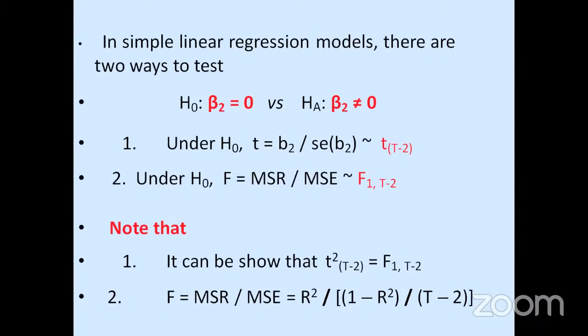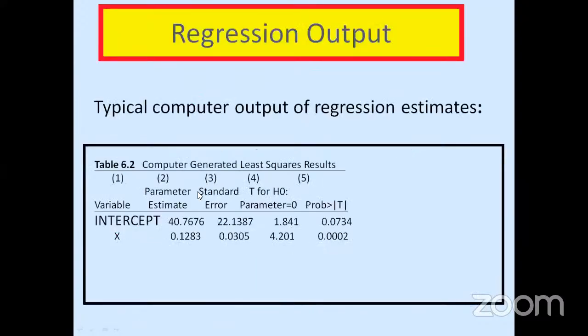We will get a t value, and whether it is significant or not we can determine. Here the hypothesis is that beta 2 is 0 against beta 2 is not equal to 0. So we conduct a small t test. I will show you how.